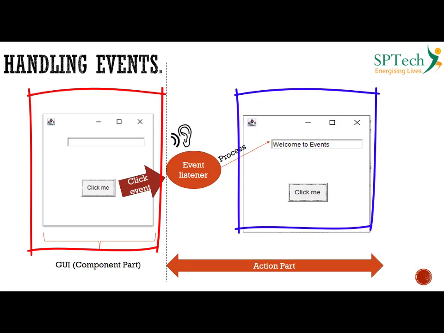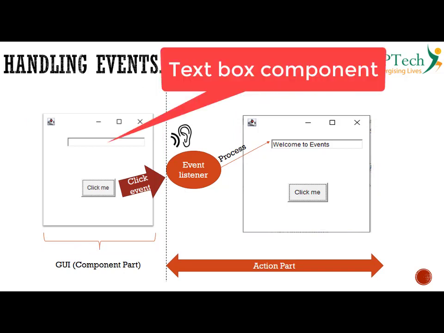Now I have taken a simple frame which consists of two components, one is the text box and one is the button. When I click on that button, what should happen? It should display a message inside the text box, "Welcome to events". This is the simplest example of event handling. Now how do I do this?